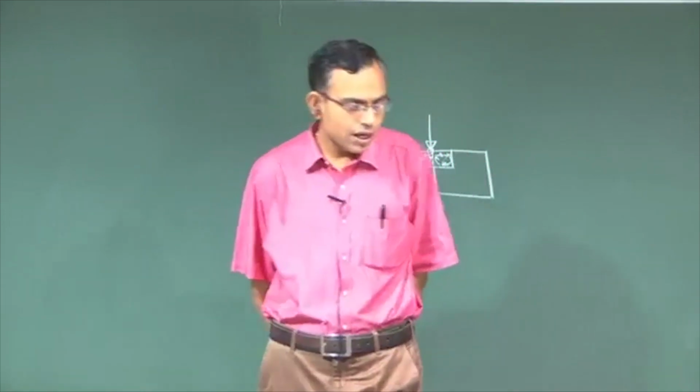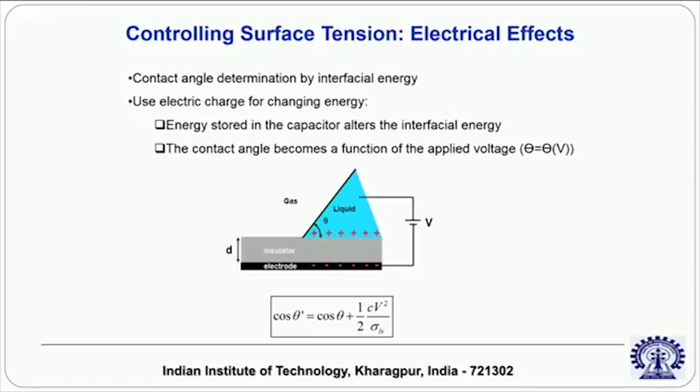The formula says that the new cos theta is a function of the old cos theta plus a parameter which is proportional to the square of the voltage. Whatever may be the sign of the voltage, V square is always positive.